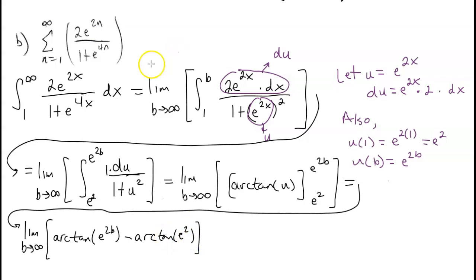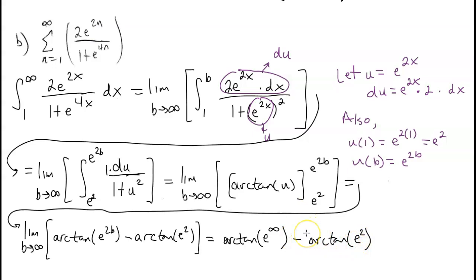And so here we know that at this point we just need to evaluate this limit, and basically we're going to plug in infinity wherever we see b. And if we have arctan of e raised to the 2 times infinity, that's just going to be e raised to the infinity. And this will be arctan of e squared.